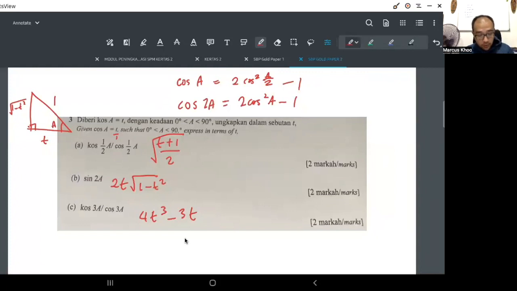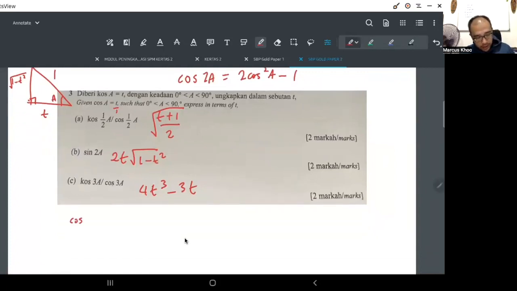So let me write this again. Cos A equals 2 cos squared (A over 2) minus 1. And I want this value.